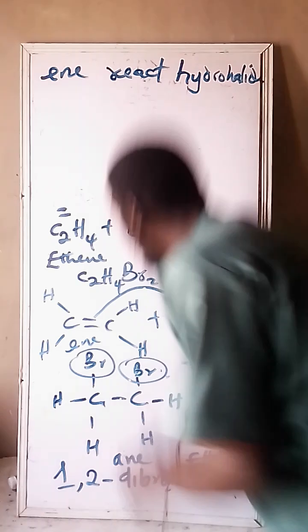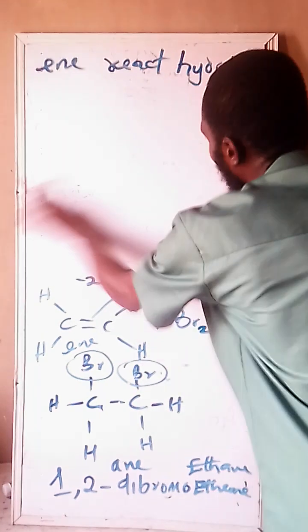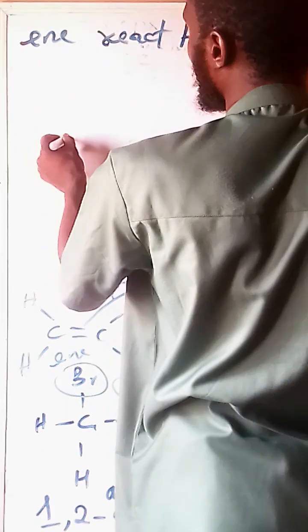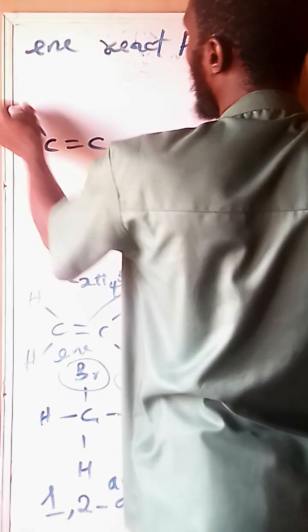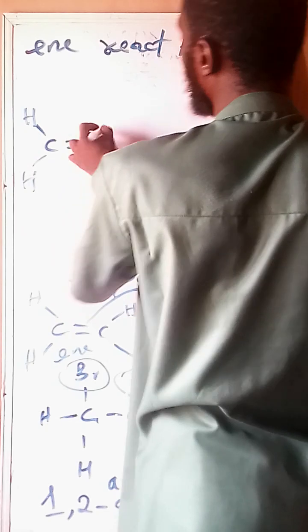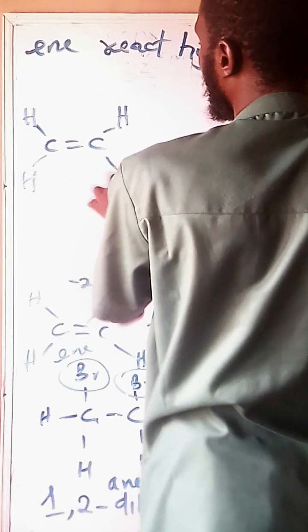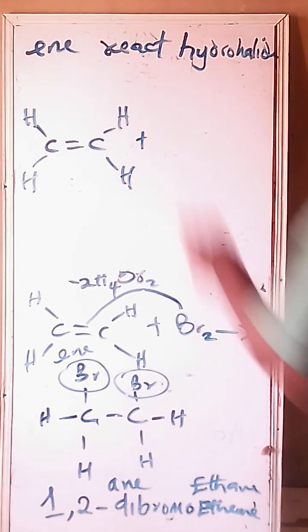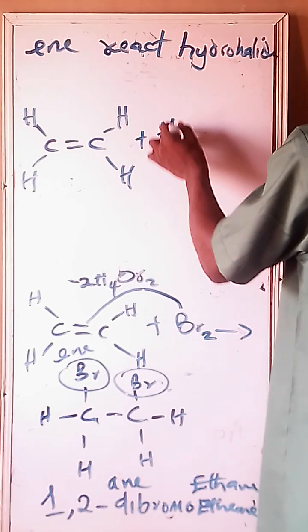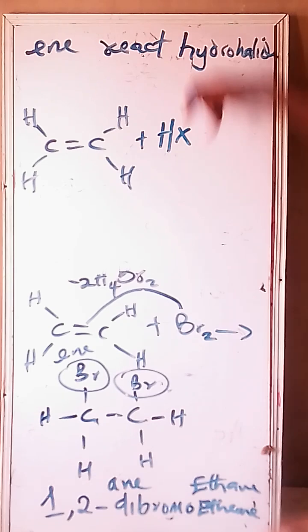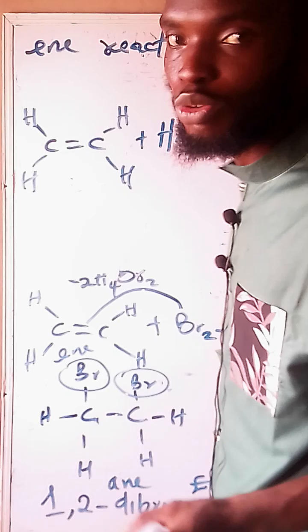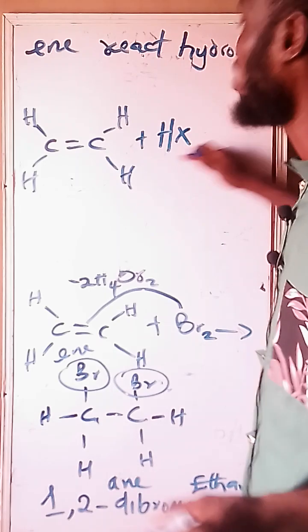The reaction between ENE, which is C, hydrogen, 18, and hydrogen halide. Hydrogen halide means I'm having hydrogen with a halogen group. When hydrogen is reacting with a halogen group, we call it hydrogen halide.